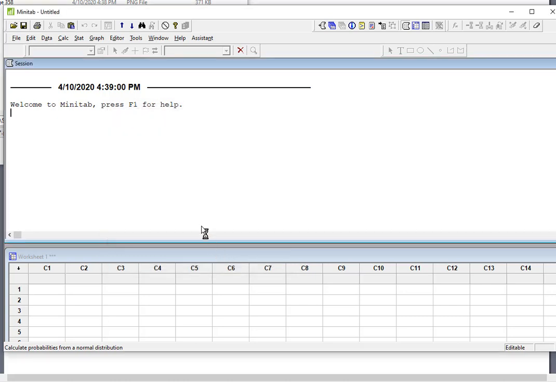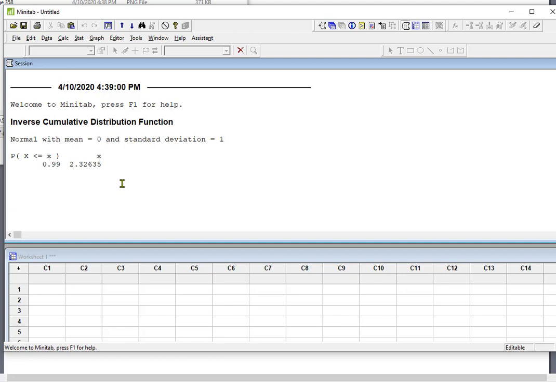We'll just say OK, and Minitab comes back with 2.32635, and recall that's exactly the number that we got when we relied upon what I had looked up earlier. Actually, earlier I had done it with a TI-84 calculator. This time we've done it with Minitab.